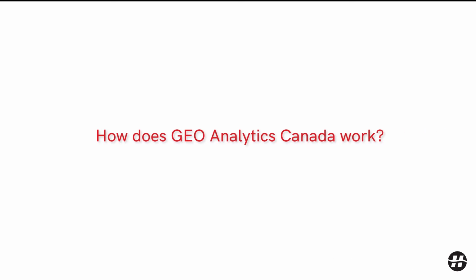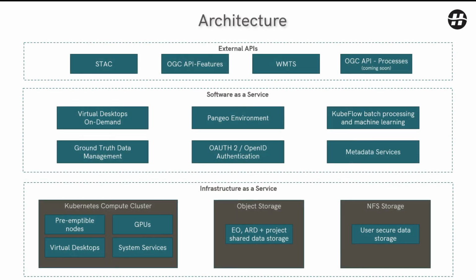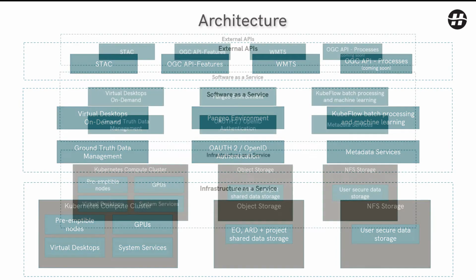So, how does GEO Analytics Canada work? Let's give you a brief run-through. The platform has three overall parts: an infrastructure service shown at the bottom of this diagram, a suite of software services shown in the middle, and a suite of APIs used to interact with the system both internally and externally.